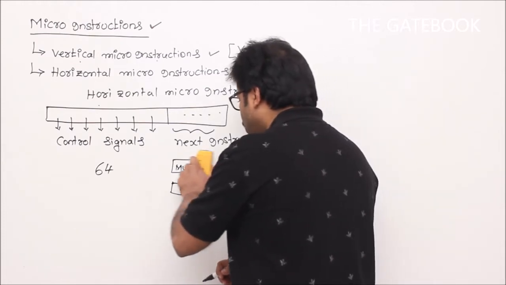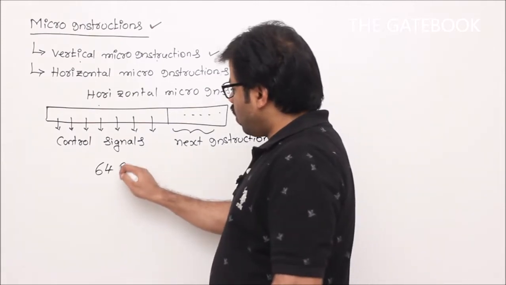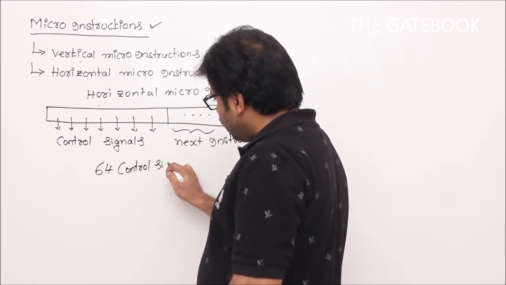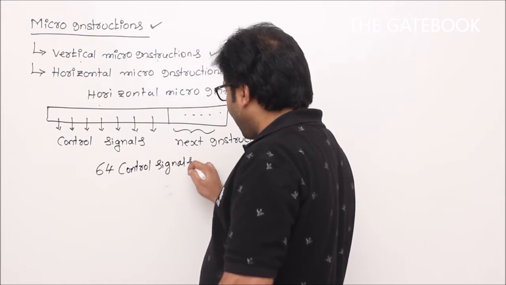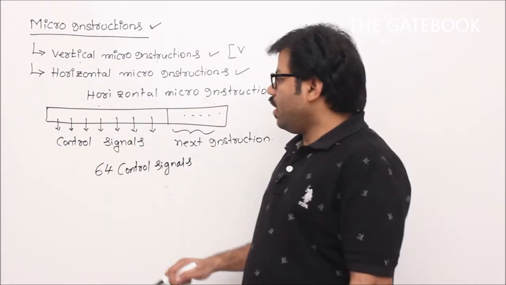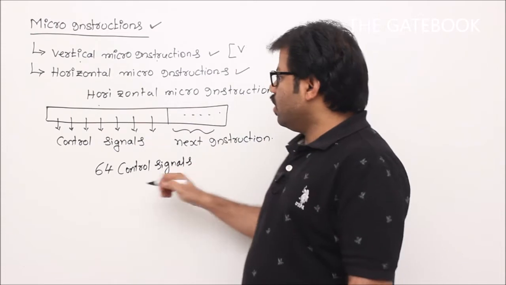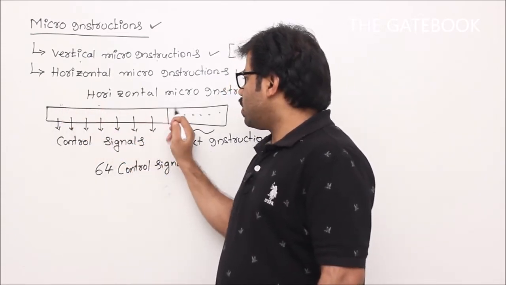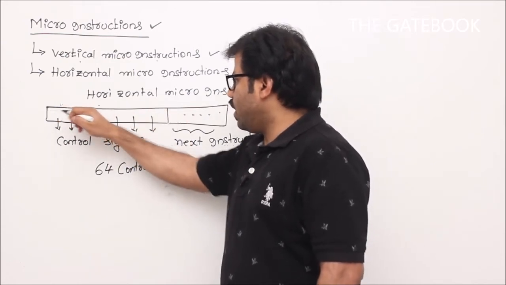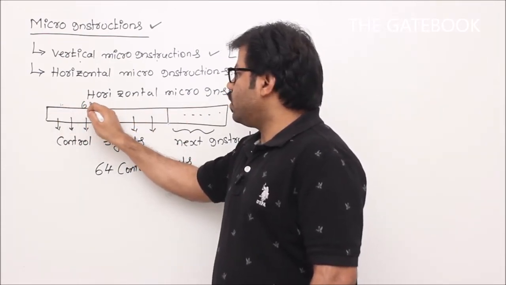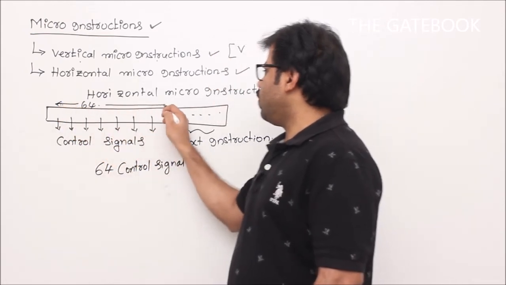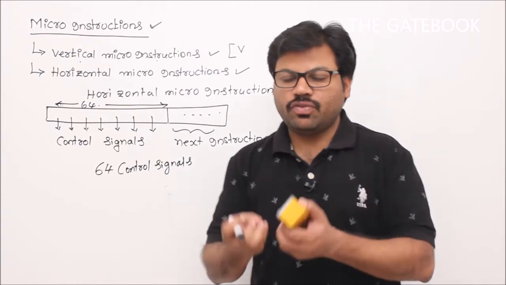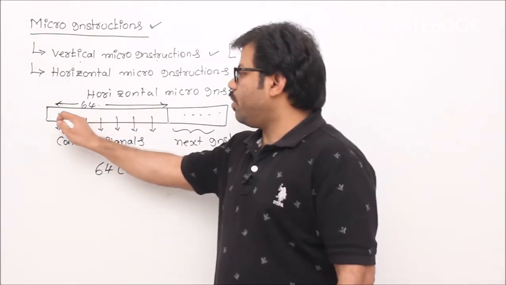Assume that one hypothetical machine has 64 control signals. Then we don't know which signal should be activated at any point of time. That's why each word, this portion if you focus, this is a micro instruction, right? So each micro instruction, from here to here, should have 64 length, correct? Because sometimes you might require to generate 64 signals at a time, then 64 bits are required, right?